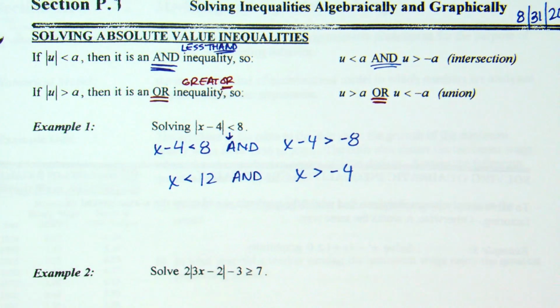Do you remember how to express a joint inequality that uses the word and? Okay, so yeah, this is the type where you put x in the middle. I tend to go with put the smaller number first, larger number last, and then if you do that, they're both less than signs.